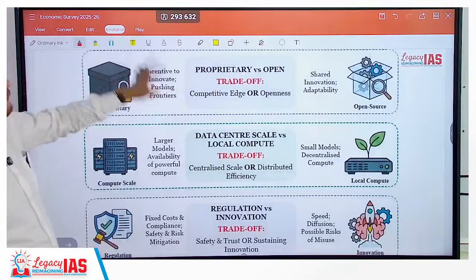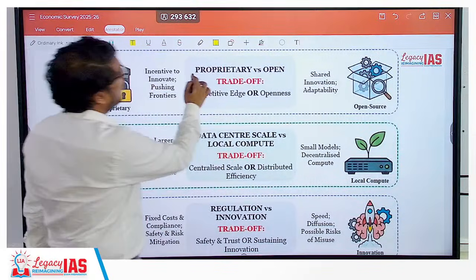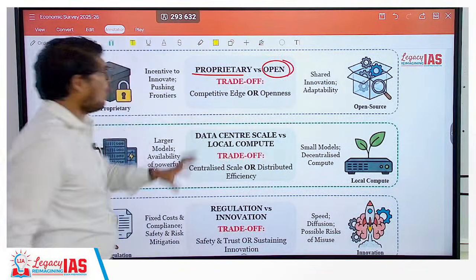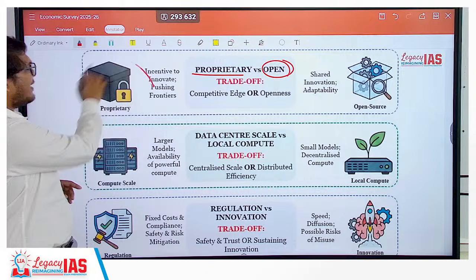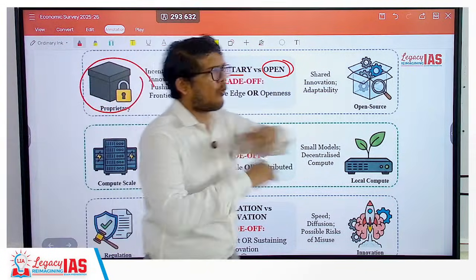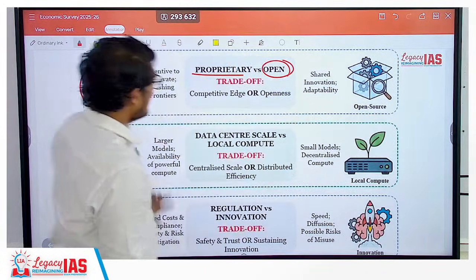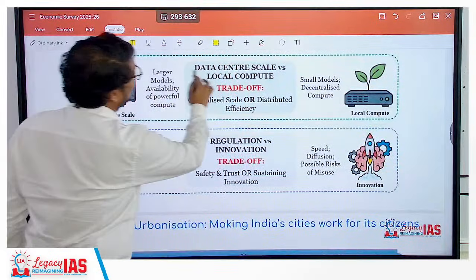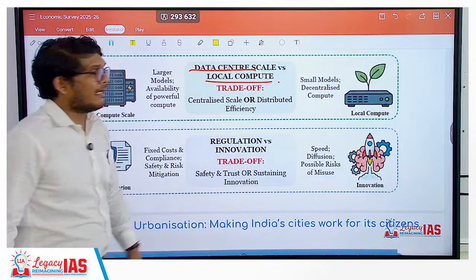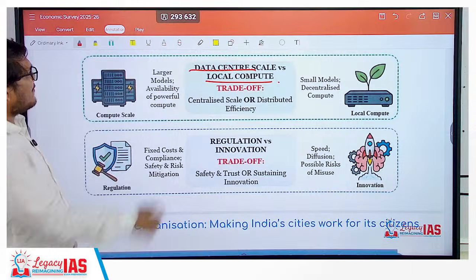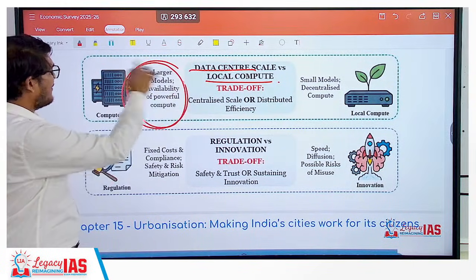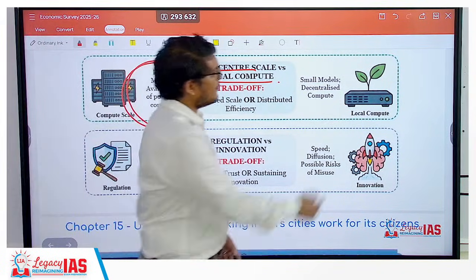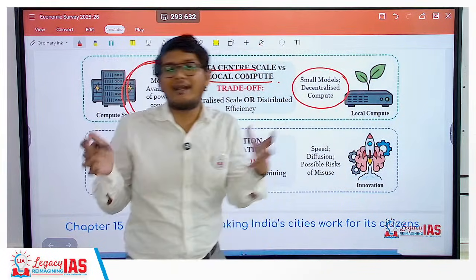In the same manner, various other questions. For example, proprietary or open. You want it to be locked, regulated, etc., or the AI to be open, shareable with everyone. Then you have data center scale or local compute. Data center scale means you are having larger models availability, or local means small localized data centers.